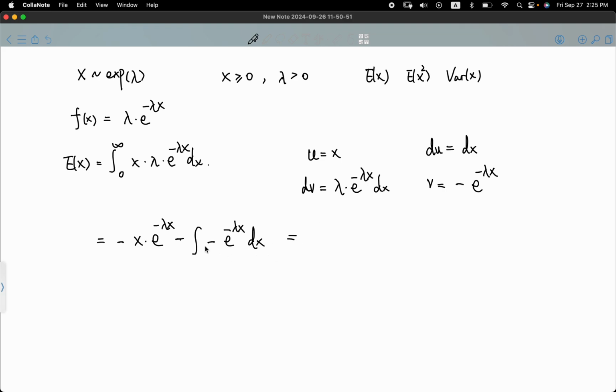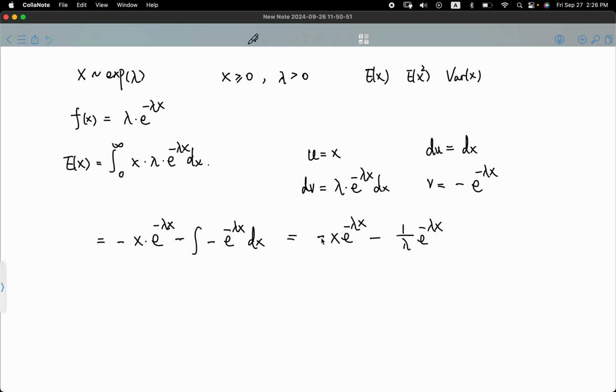And for now evaluating this integral here, let's keep the negative sign here, and you should have 1 over lambda e raised to the power of negative lambda x. Let's double check. If you take the derivative of that, you will have a negative sign in front, which is this negative sign, and then this lambda cancels out with this coefficient, and you have this term.